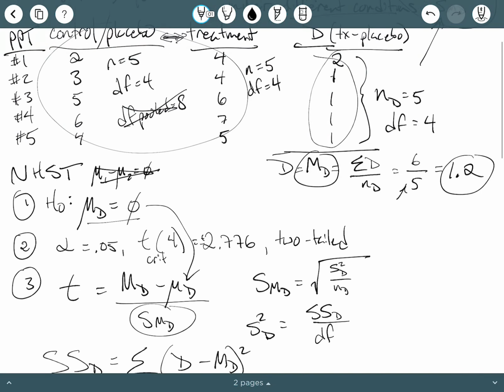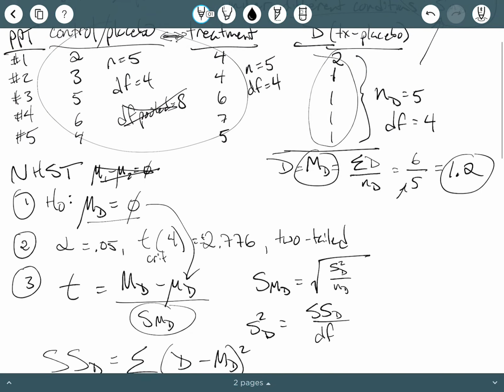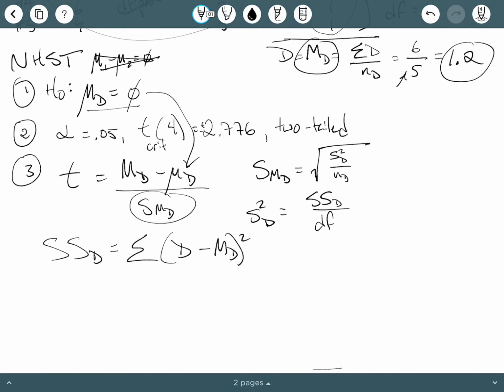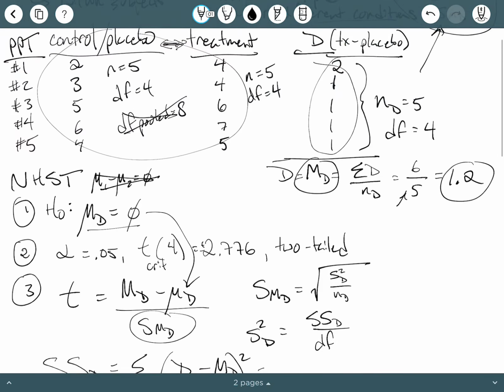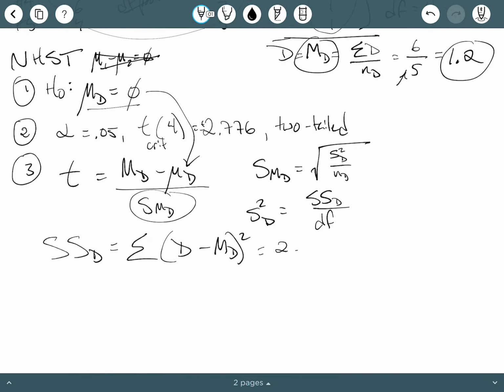Let's do this for our data up here. 1.2 is our mean difference score. So for the first score, we do 2 minus 1.2, and we square that. 1 minus 1.2, square that. And do that for the rest of the scores that we have. We had 4 ones.